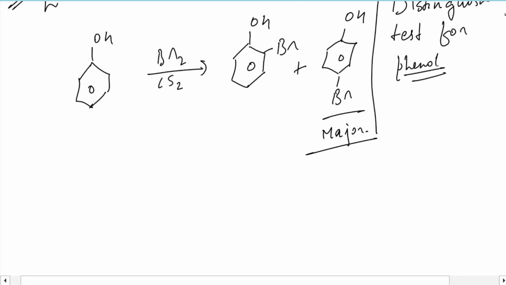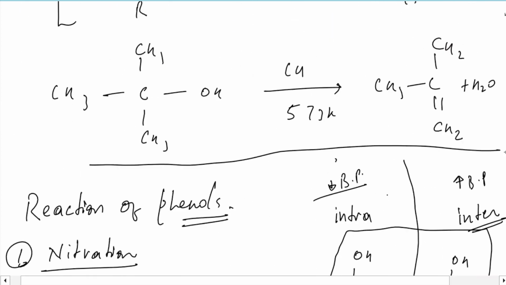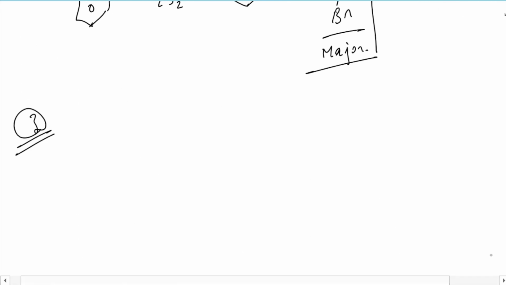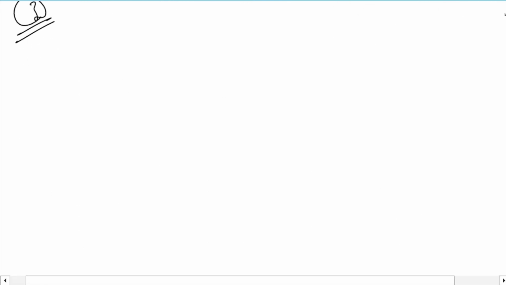Next is Kolbe's reaction, the third one. So we have studied two reactions till now, nitration and halogenation. Both are having a few specific points among them. Next to this is Kolbe's reaction.